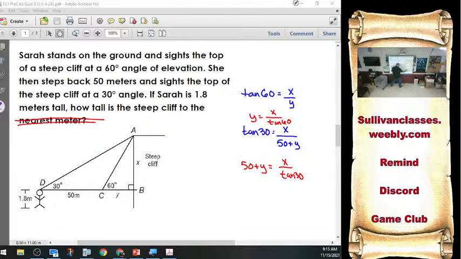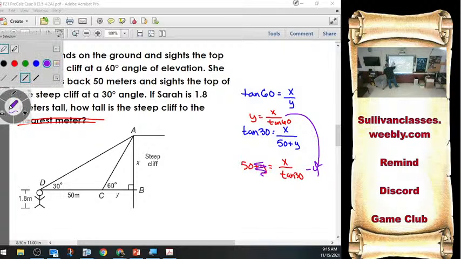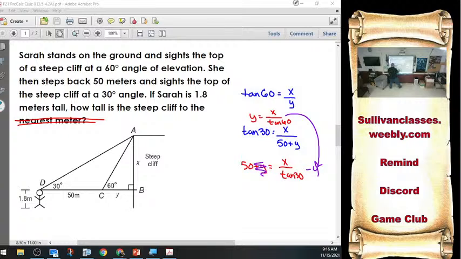So do you see if I subtract y here, and then replace y with stuff, we got 50 is x over tangent of 30 minus x over tangent of 60.